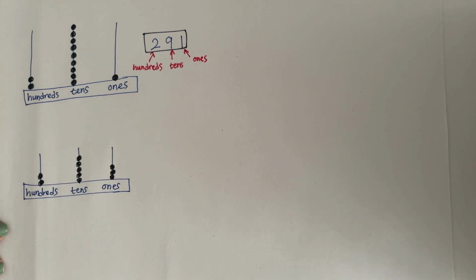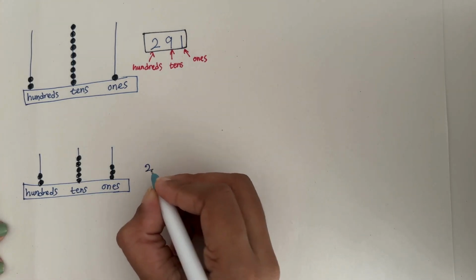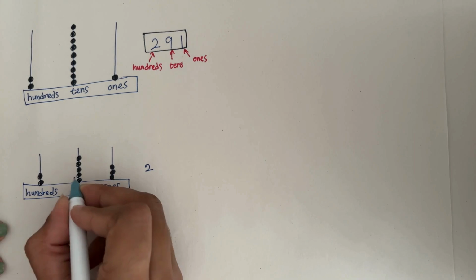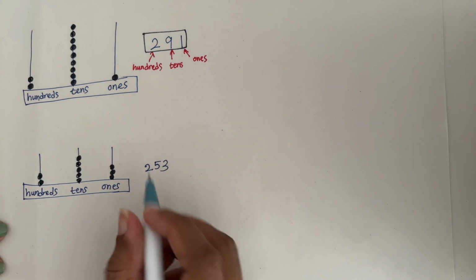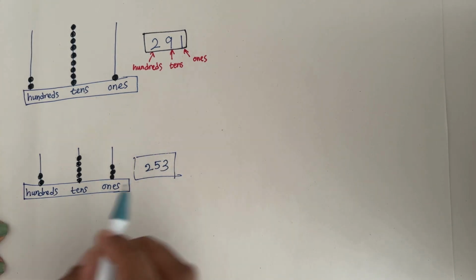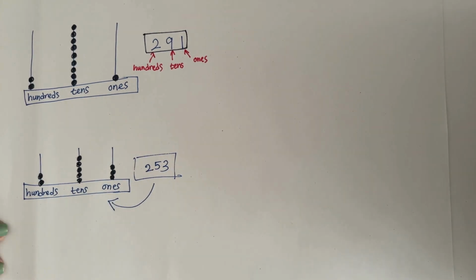What is the number represented by this? 200 and how many tens? 53. This is the number represented by this. Okay, I think now you have a small idea about this abacus and place values.